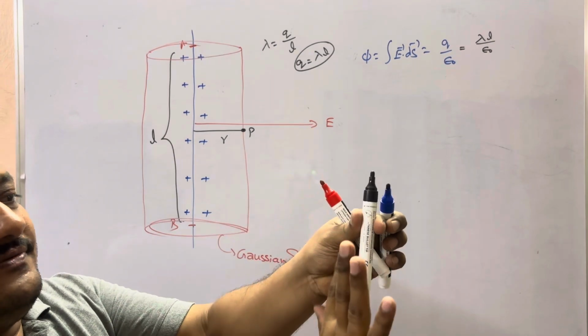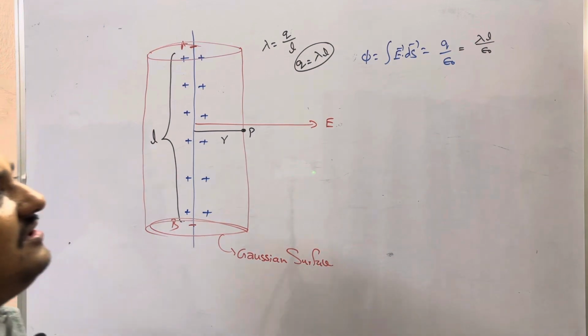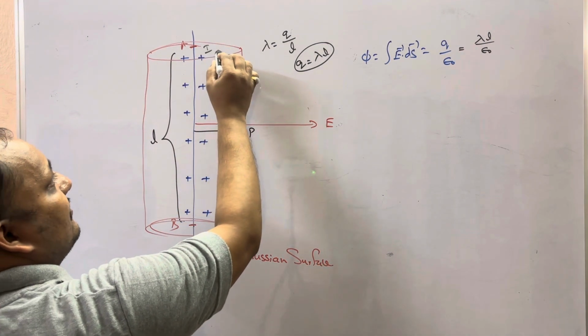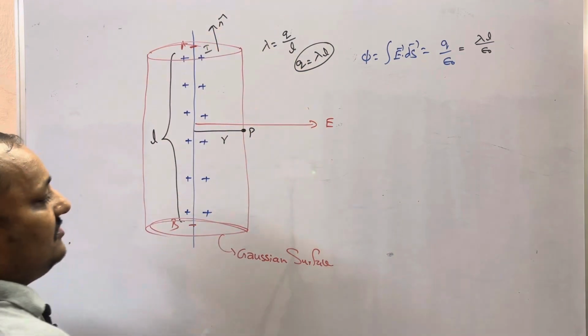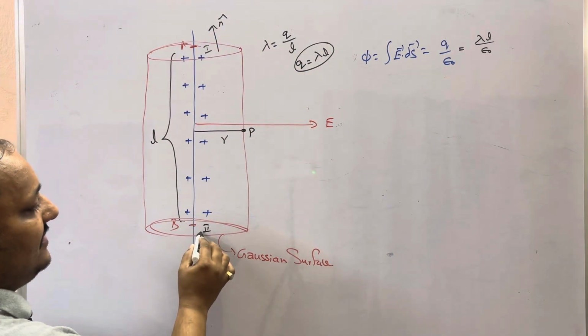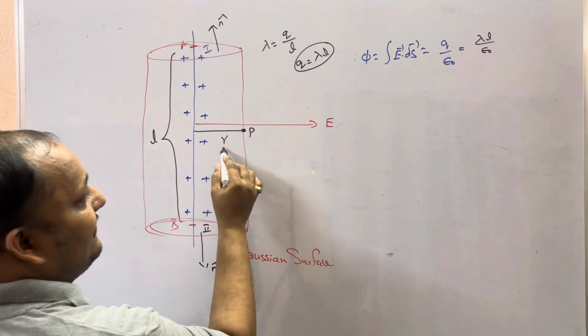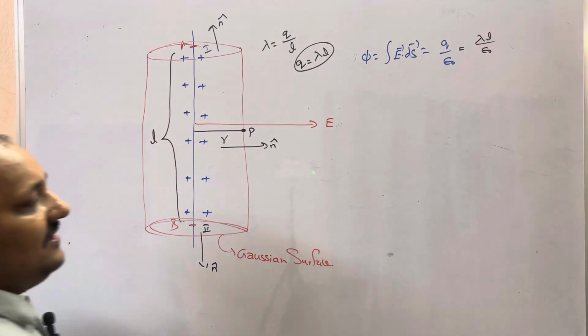Bottom surface, top surface, and curved surface, so a total of three surfaces. What is the direction of each surface? One has n cap upwards, one has n cap downwards, and the curved surface has n cap outwards.